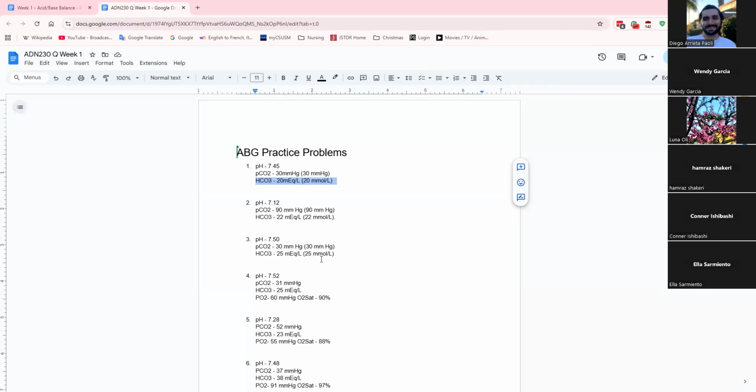Okay, low. So in terms of bicarb, is that considered acidic or basic?